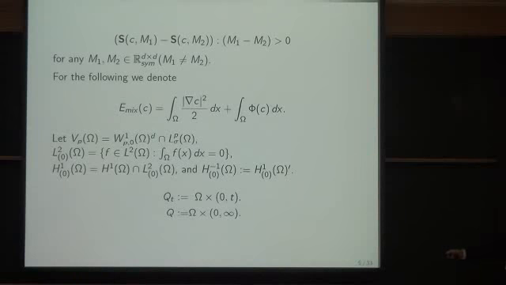And L²_0 is the set of f in L² which has integral 0, and H¹_0(Ω), and H¹(Ω) intersected with L²_0(Ω), and H^{-1}(Ω) is equal to the dual of H¹_0(Ω). And Q_T is Ω times (0,T), and Q is Ω times (0,∞).